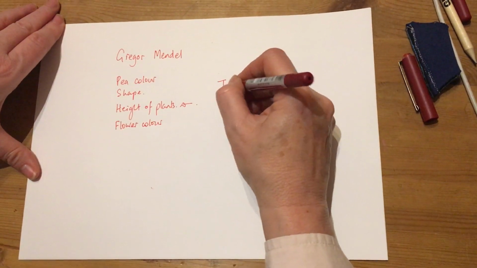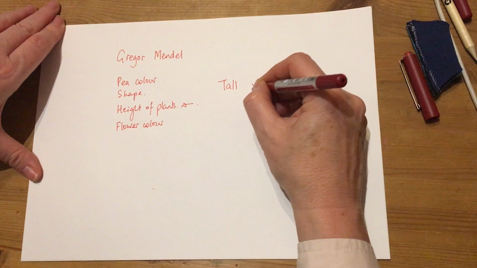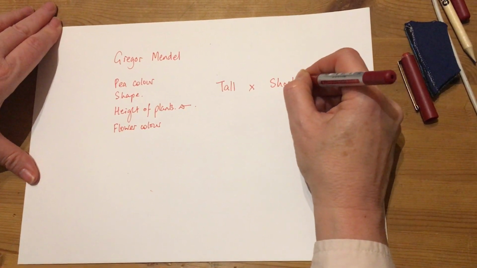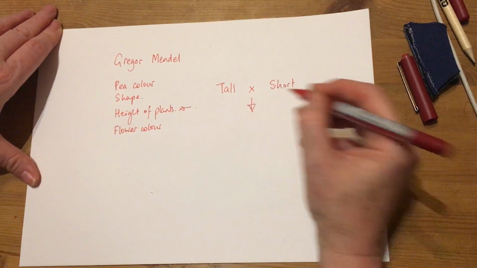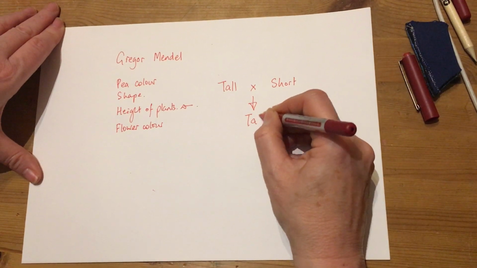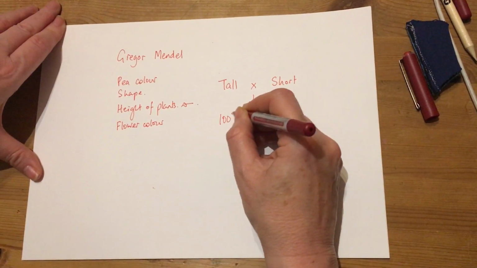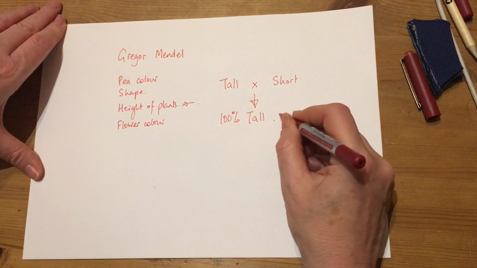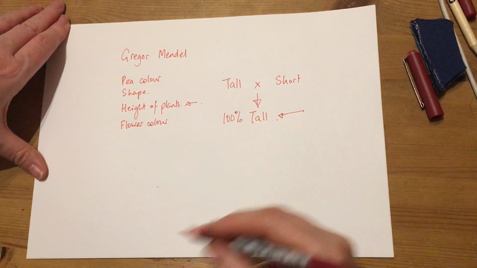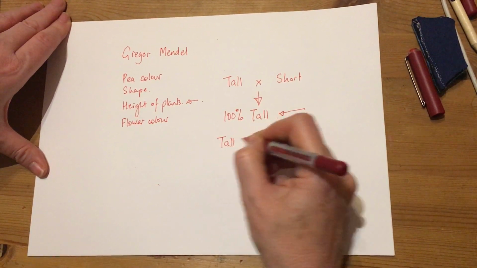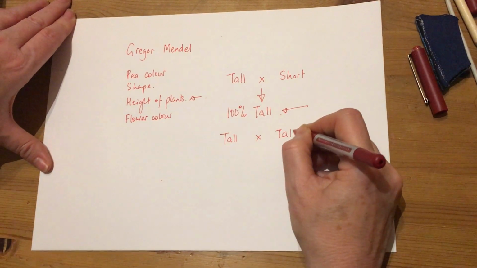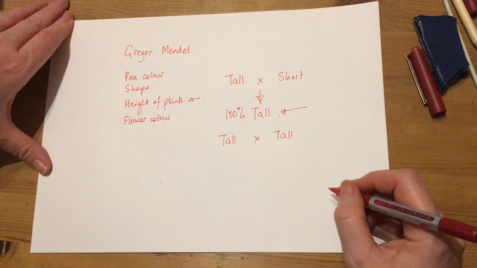So he took tall plants, bred them with short plants, and what he found was all the offspring were tall, 100% tall. So he took these plants and he bred them together. He said, I'll take the tall ones from this second generation and have a look at what we get.